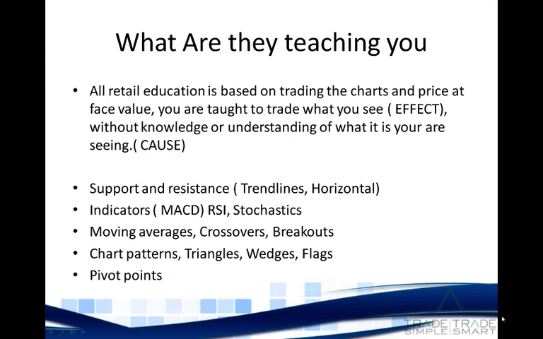By now we can easily identify what a horizontal support and resistance line looks like, or what a vertical trend line looks like. We understand how we can trade these lines, but do we have an understanding as to why they appear, and also why they are created by smart money and the large institutions that move the Forex market?